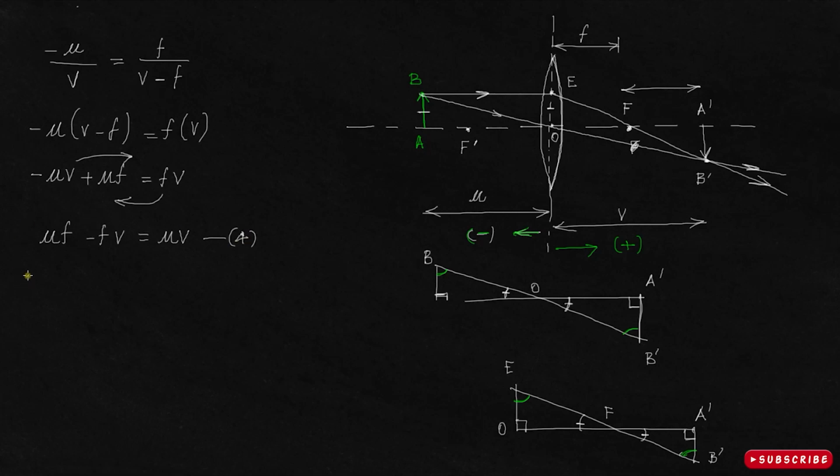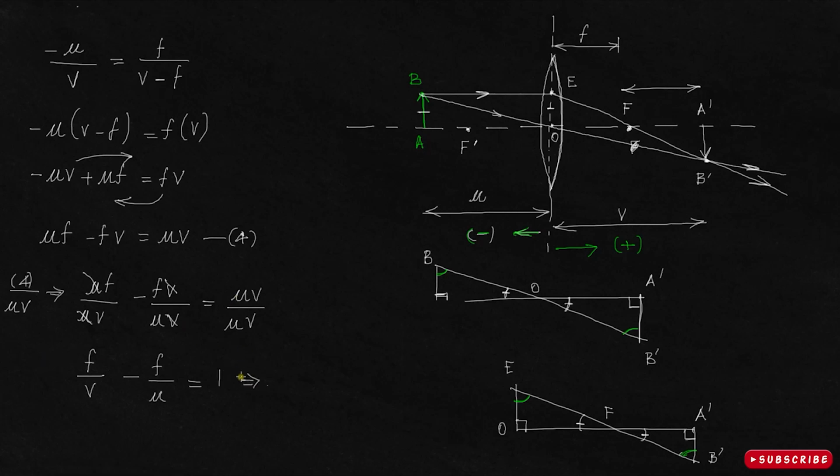Divide each term of equation 4 by UV. You will get UF by UV minus FV by UV is equal to UV by UV. This U and U will get cancelled. Similarly, this V also gets cancelled. So F by V minus F by U is equal to 1.